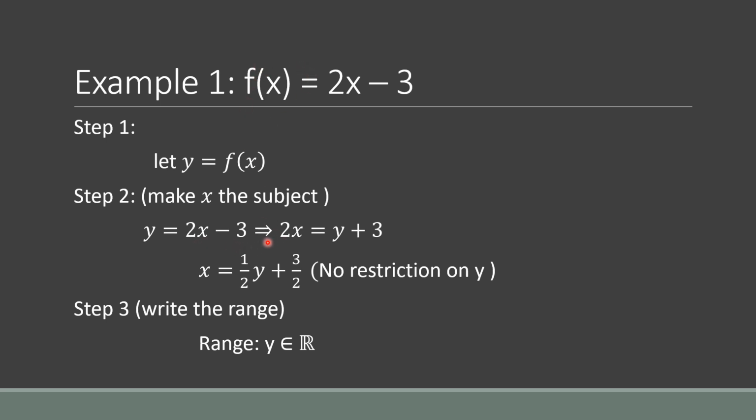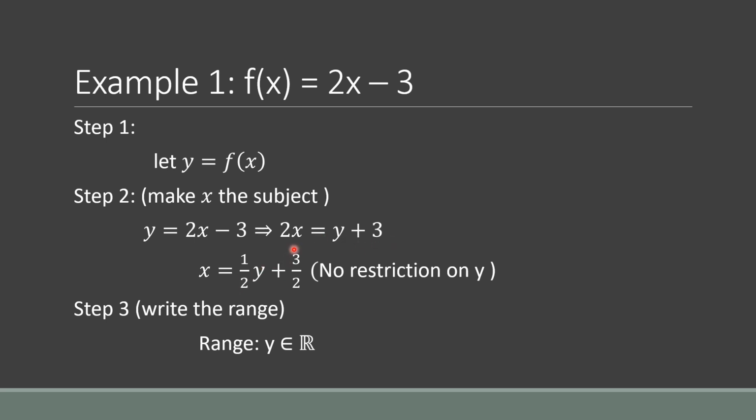So the next step is to make x the subject. I'll maintain the 2x, which is positive here, then send the minus 3 across the equal sign, and the result will be 2x equal to y plus 3.